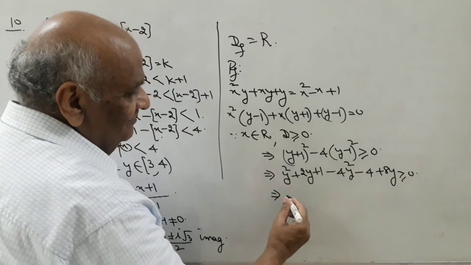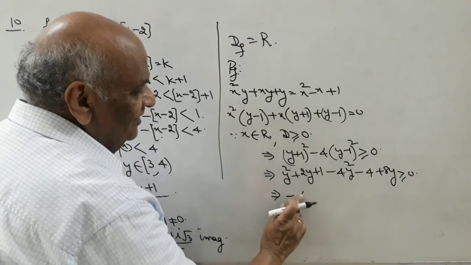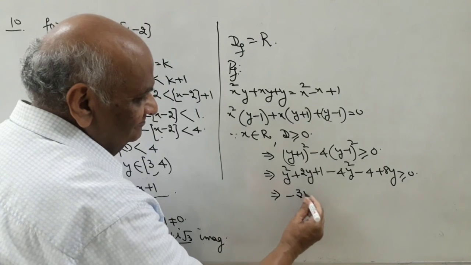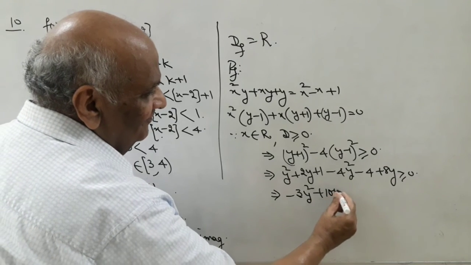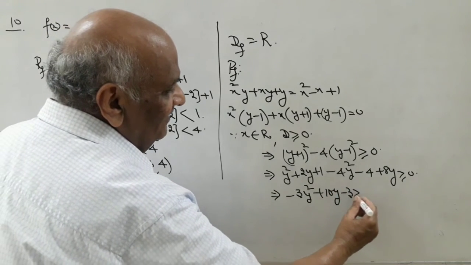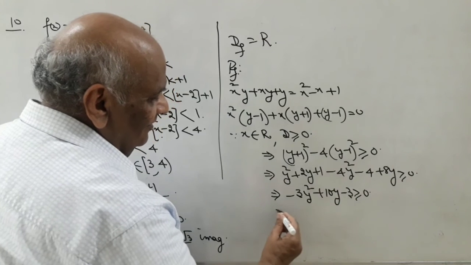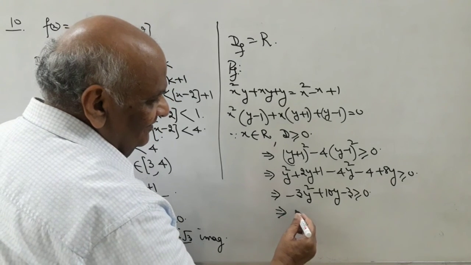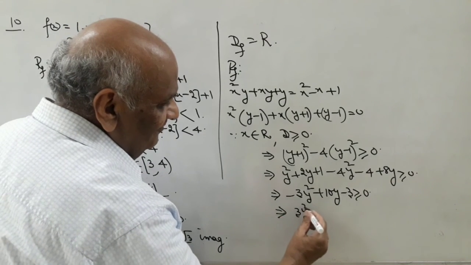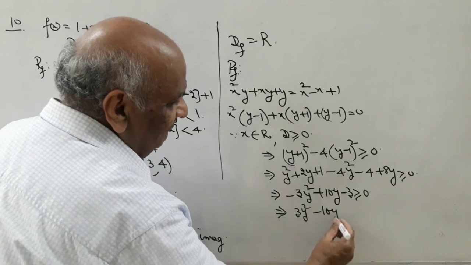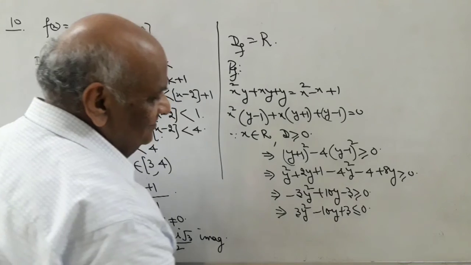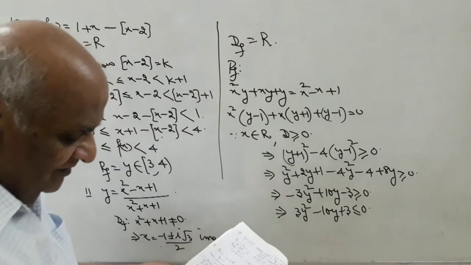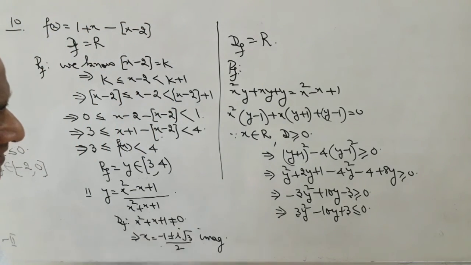This implies −3y² + 10y − 3 ≥ 0, implies 3y² − 10y + 3 ≤ 0.